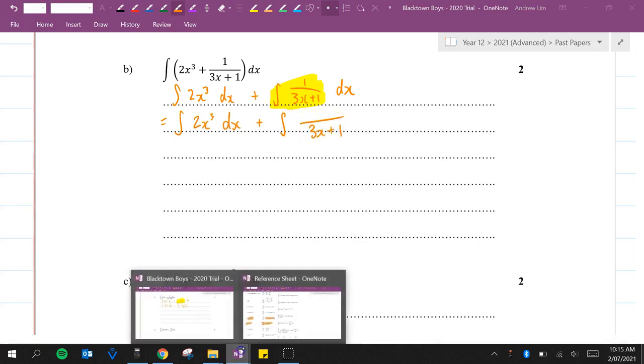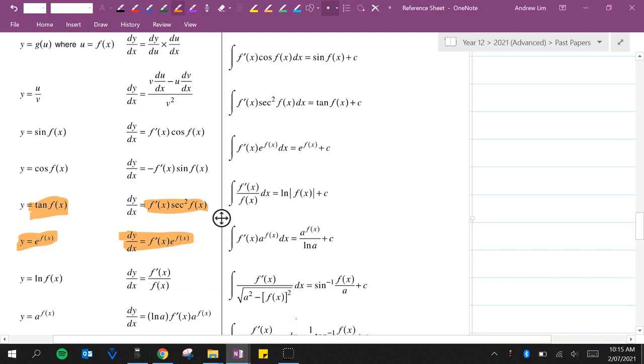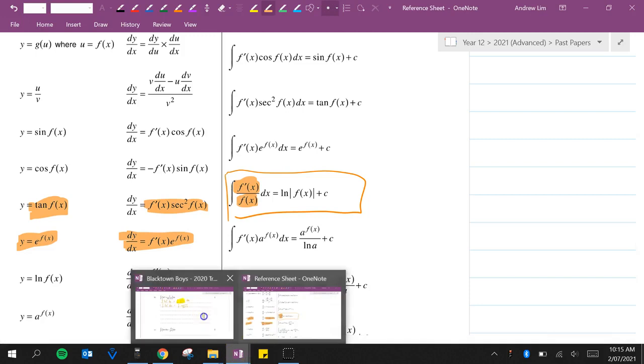Now when we look back at our reference sheet, we've got a fraction here, so we're looking at this one. The integral of f dash of x over f of x dx is equal to ln of the absolute value of f of x plus c. So that means whatever's in the bottom, f of x, we need the first derivative in the numerator.